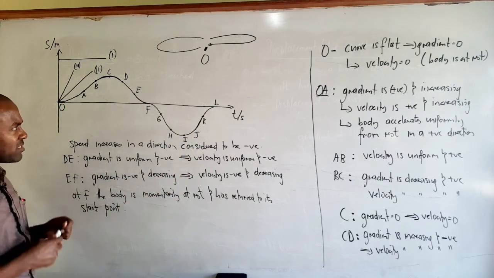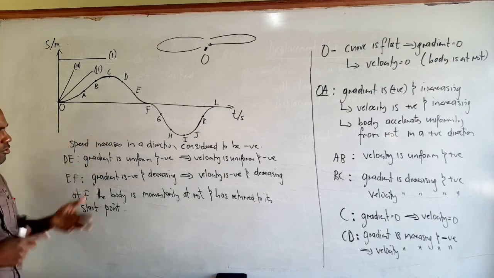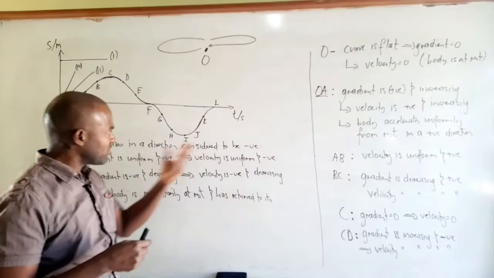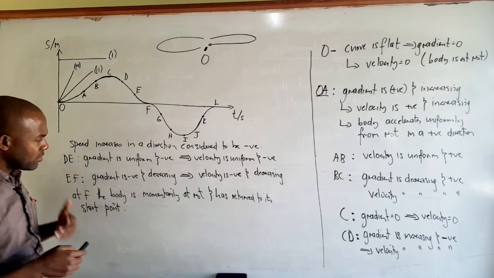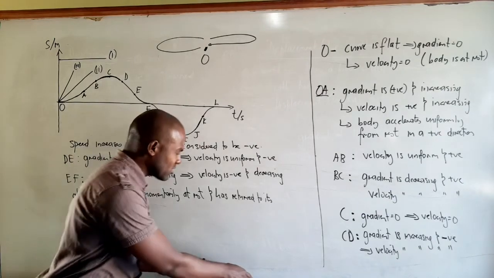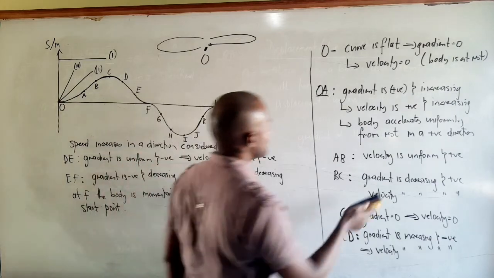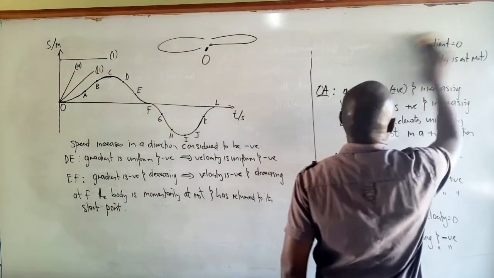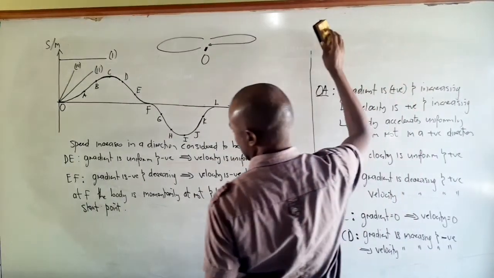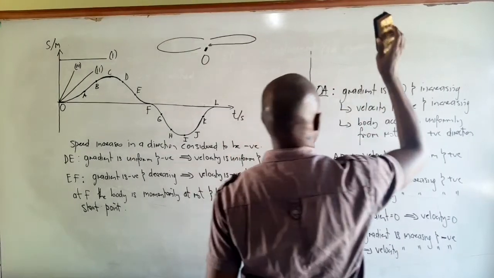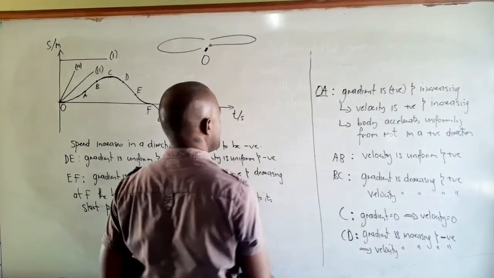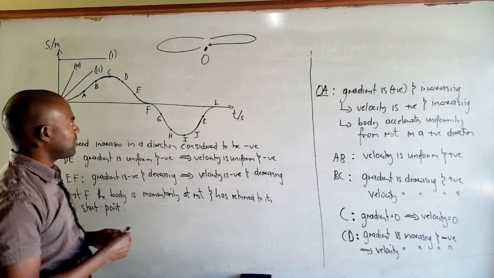So because we basically analyze similar portions of the graph, we will do the same, but we will not do it in such great detail as we would have before. So let's look at FG. All right, so FG.